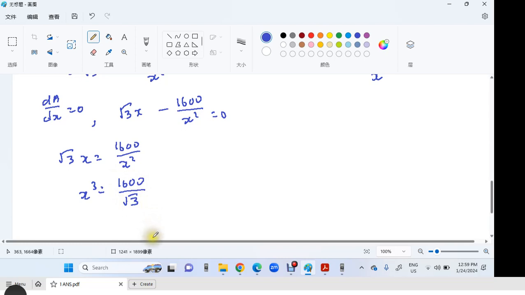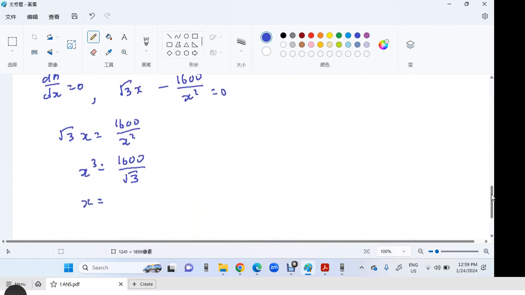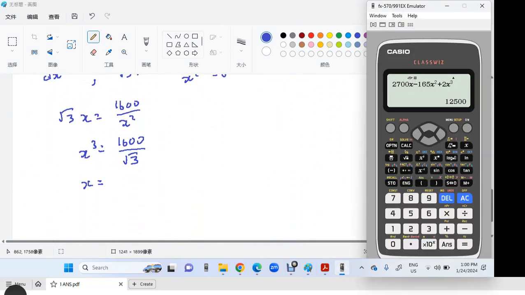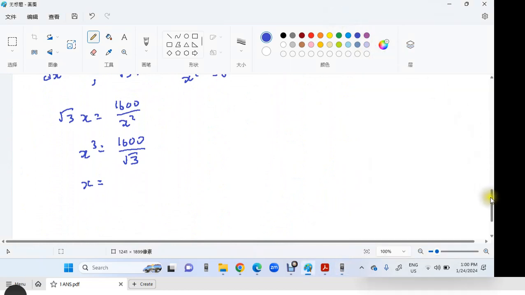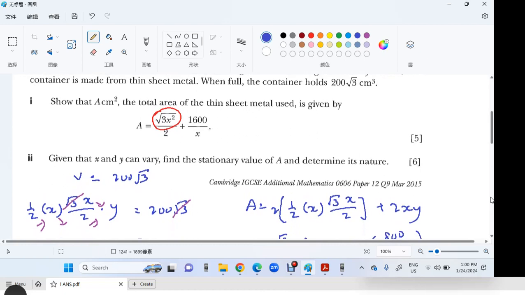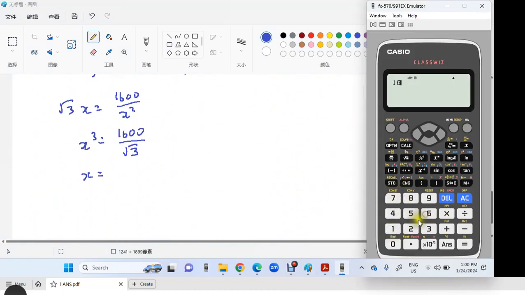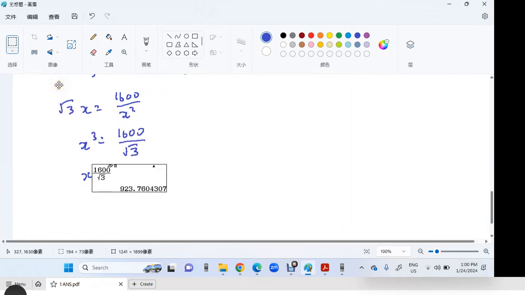So x will be the cube root of 1600 divided by square root 3.